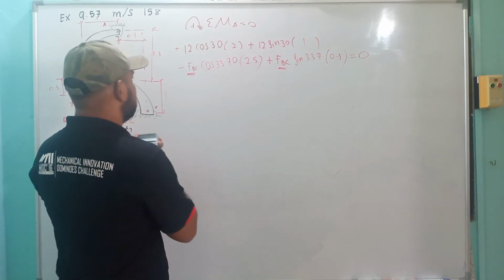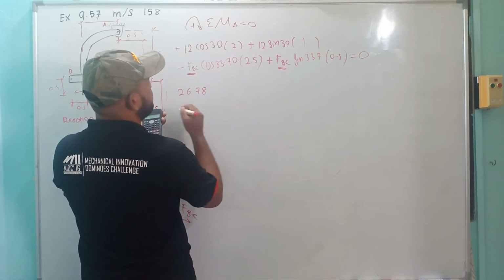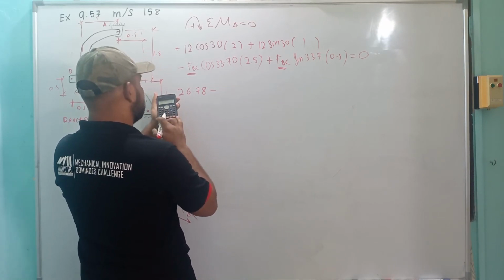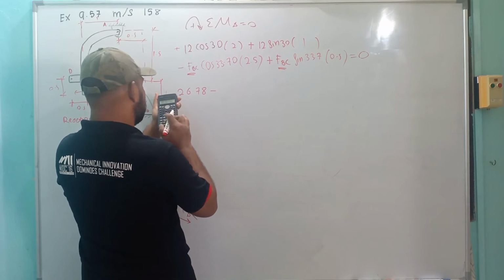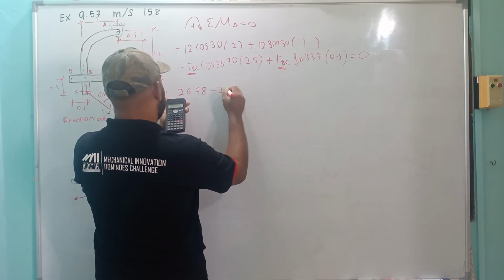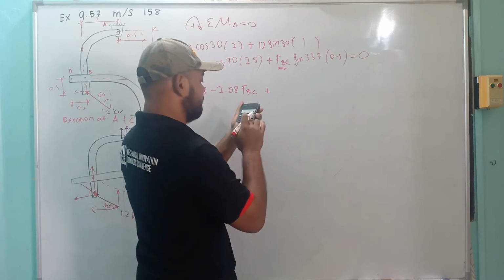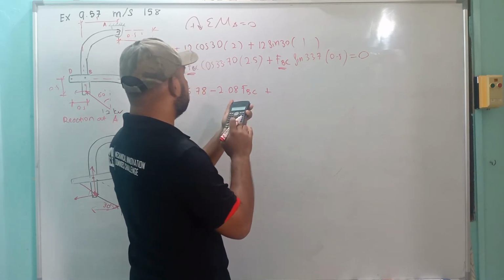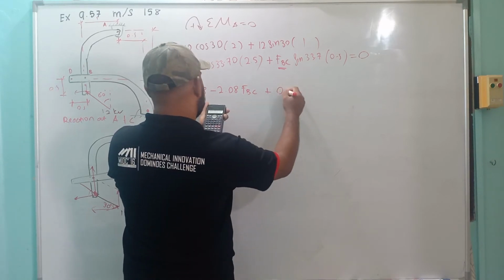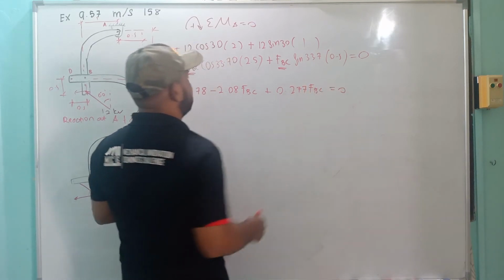First here 26.78, minus FBC cos 33.7 times 2.5, which is 2.08 FBC, plus sin 33.7 times 0.5, which is 0.277 FBC, equal to 0.